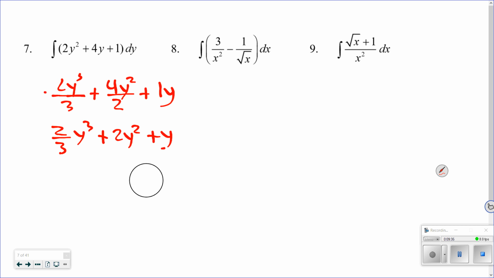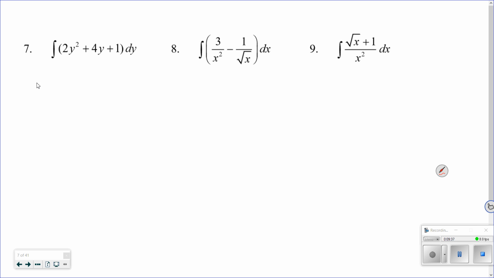So what I'm going to do is first rewrite it as being the integral of 3x to the negative 2 minus, and then I have 1 over the square root of x, I can make it x to the 1/2 and move it up to the top and become x to the negative 1/2 power.